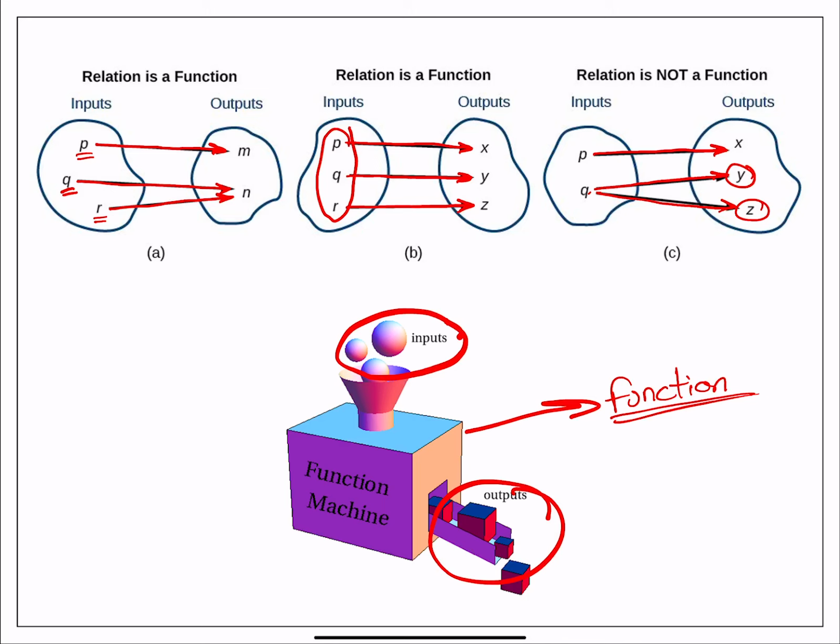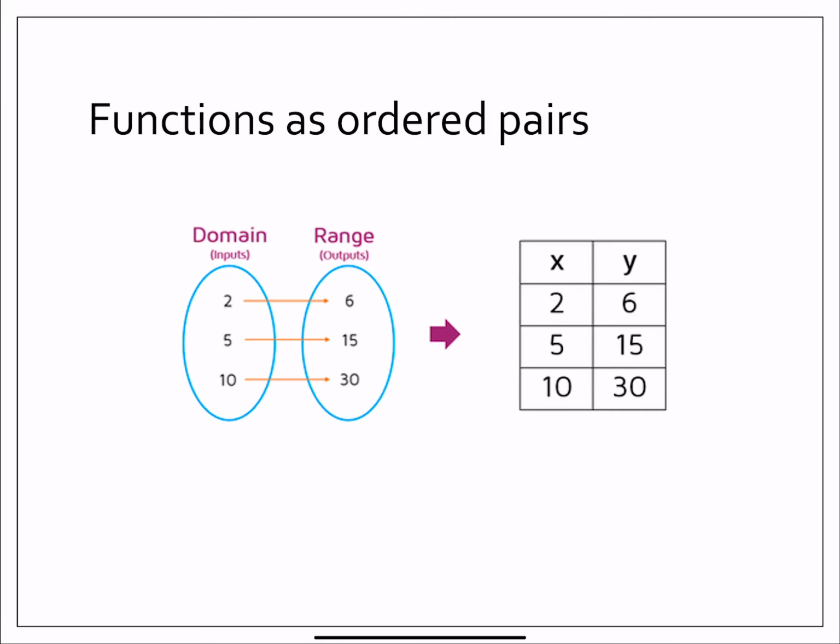What we're going to do now is unveil the box and look at a way to figure out what is actually going on inside the box. Because by knowing what's going on inside the box, that can guide us on what inputs we can put into the box, and it can guide us on what outputs we expect to get out of the box.